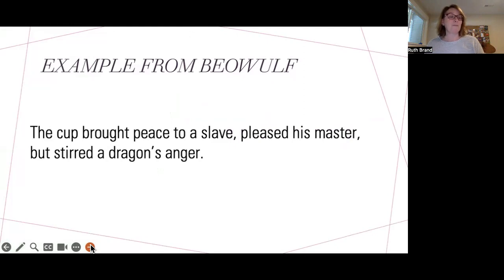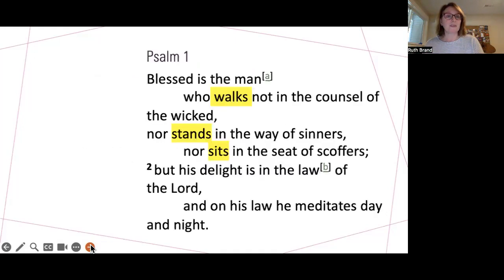The cup brought peace to a slave, pleased his master, but stirred a dragon's anger. Do you see that parallelism there? Things that the cup did, right? Brought peace, pleased his master, stirred a dragon's anger. Lovely parallelism from our translator who translated Beowulf.